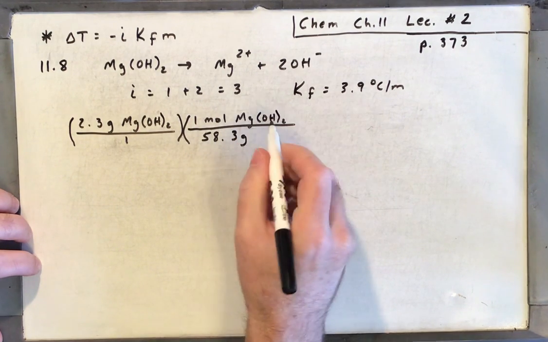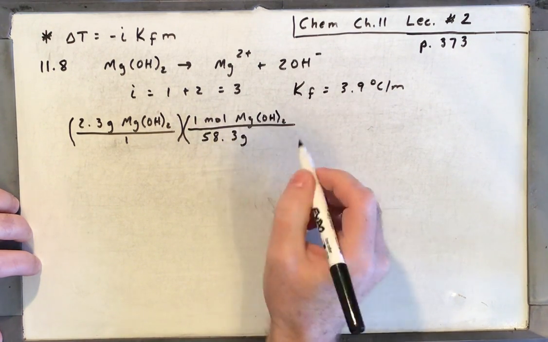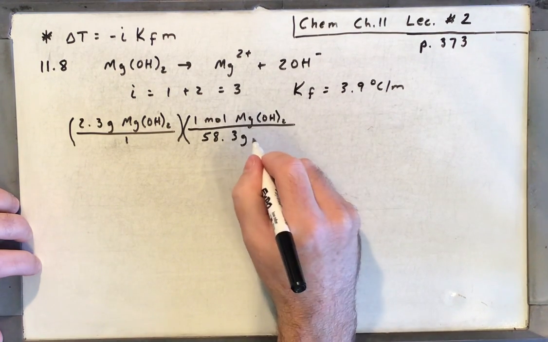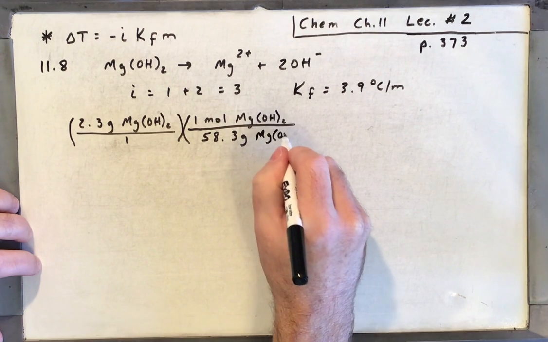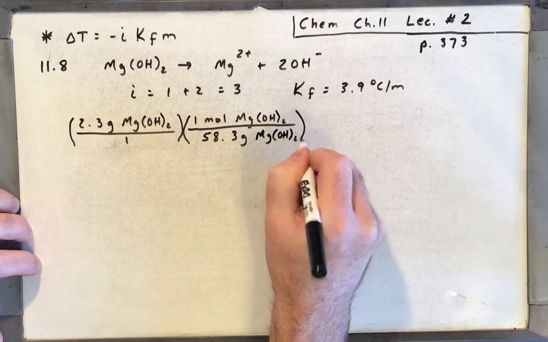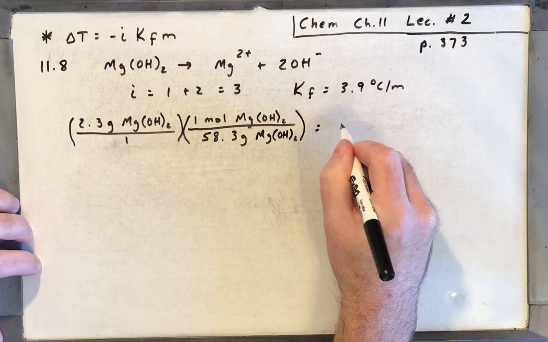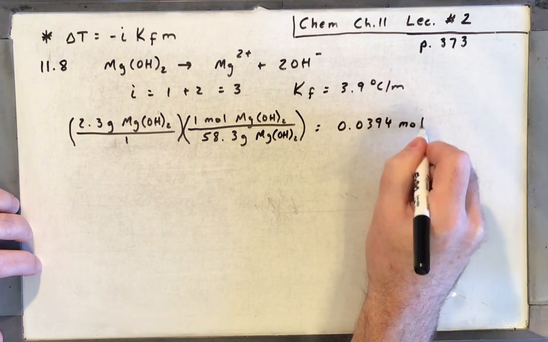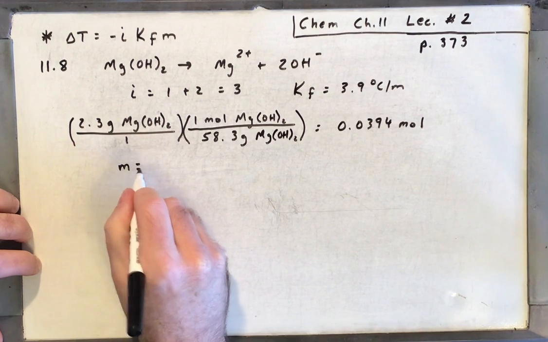Remember, you've got one magnesium, 2 oxygens, and 2 hydrogens. So that adds up to 58.3. So that is 0.0394 moles.